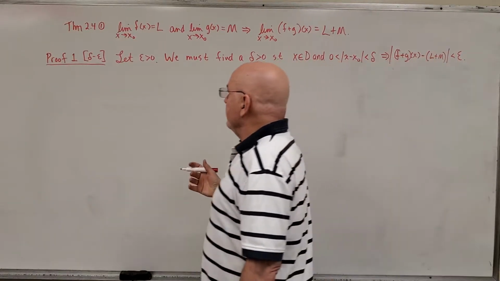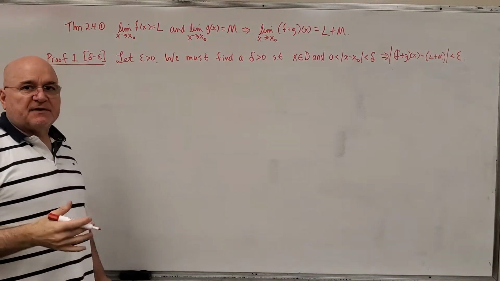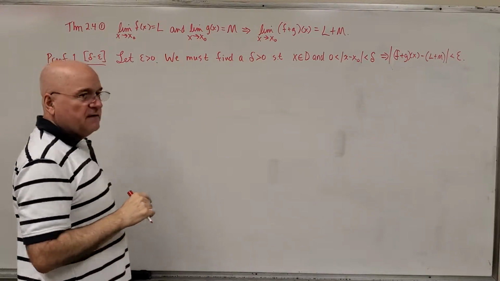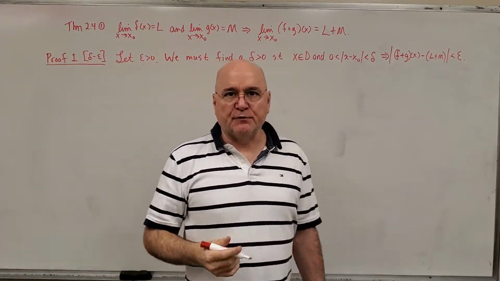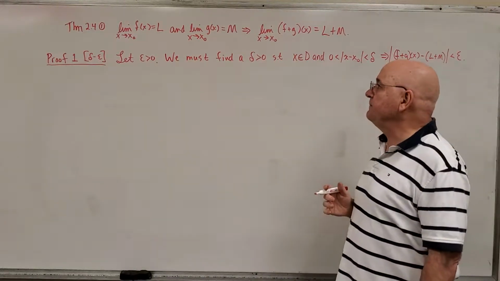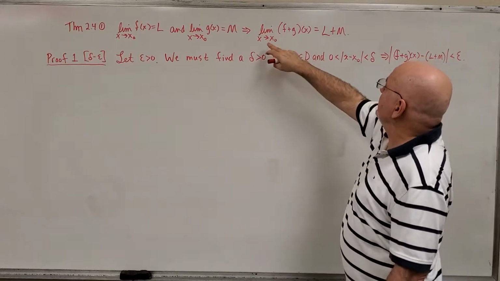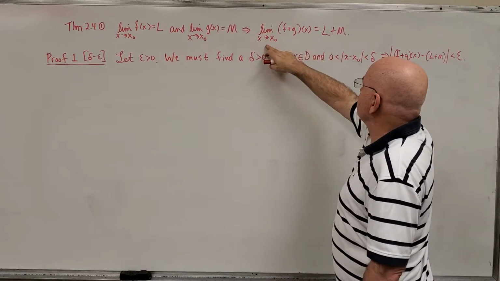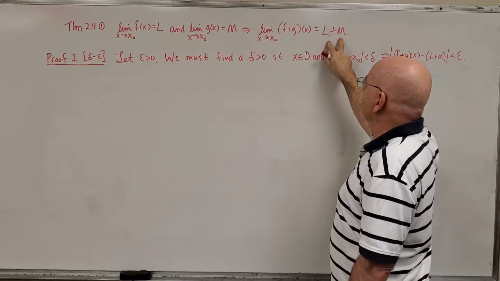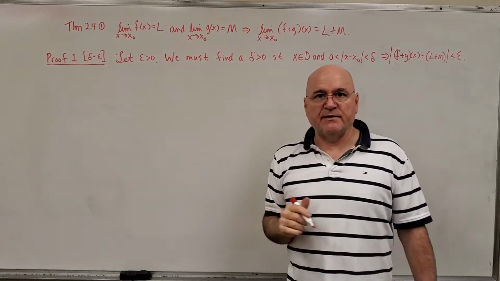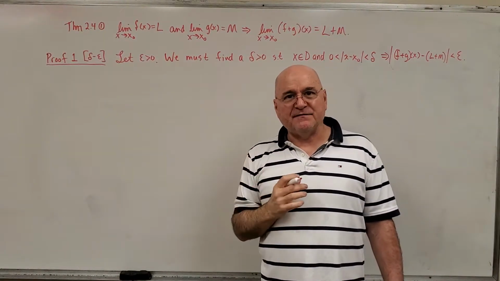Well, I'm actually going to do two different kinds of proofs. The first one, proof one, is going to be the delta epsilon proof. So we're going to use the definition of what it means to have a limit, a function having a limit. Anytime we do that, here's what we're proving. If I want to prove that the limit of this function as x goes to x naught is L plus M, I need to start off by taking an arbitrary epsilon greater than 0. And what do I need to find?